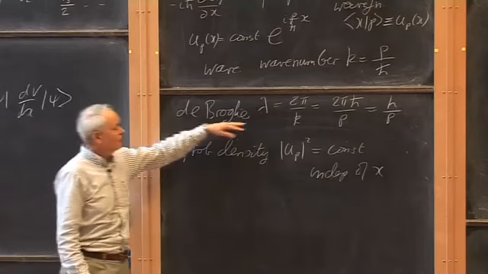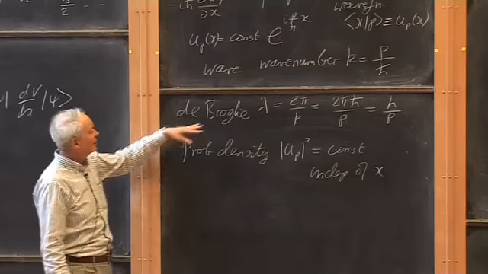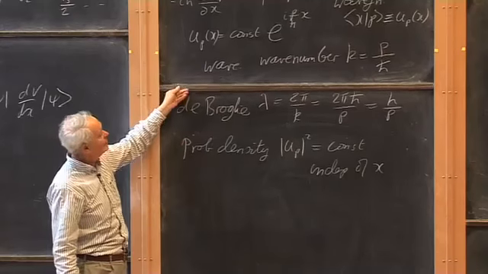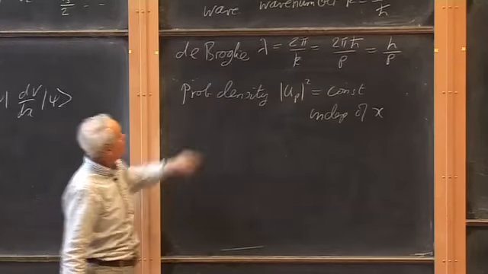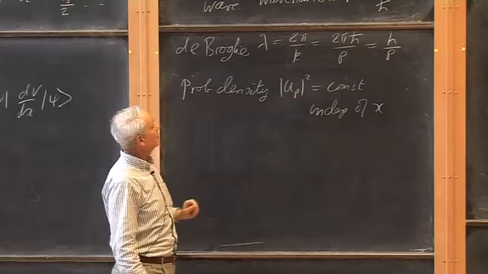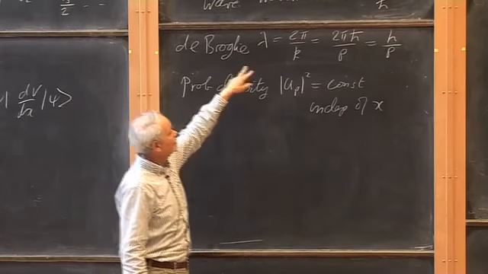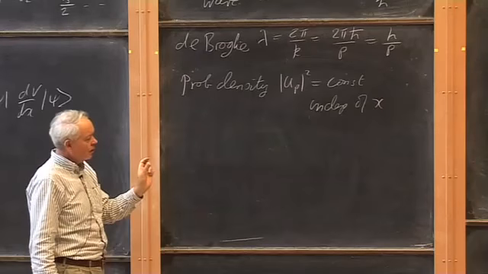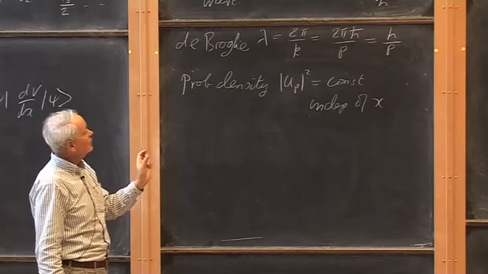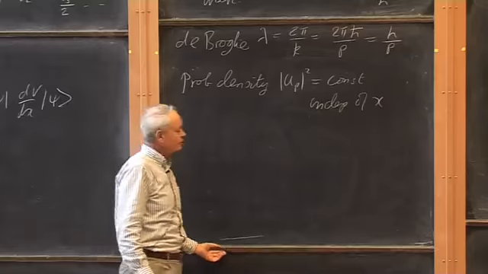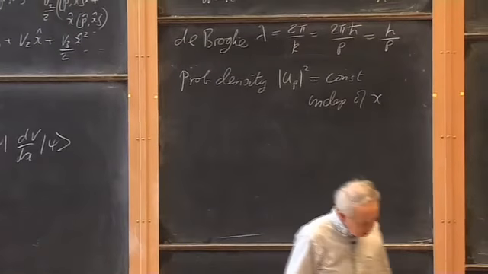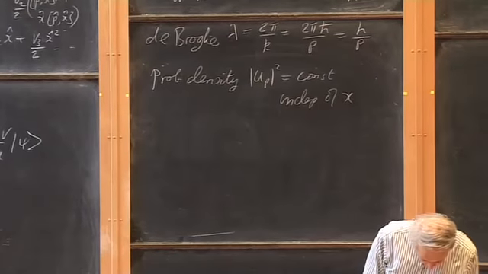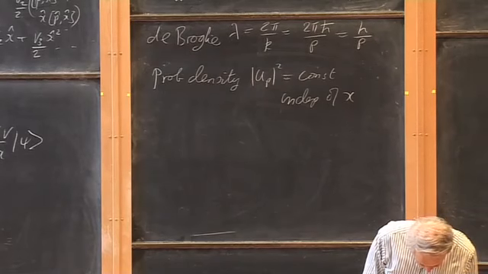De Broglie was thinking about relativity curiously in 1924, in his thesis, for which he won the Nobel Prize in 1929. And he came up with the idea that there was this relationship, that particles would be associated with a wavelength. So that's called the de Broglie wavelength in his honor.